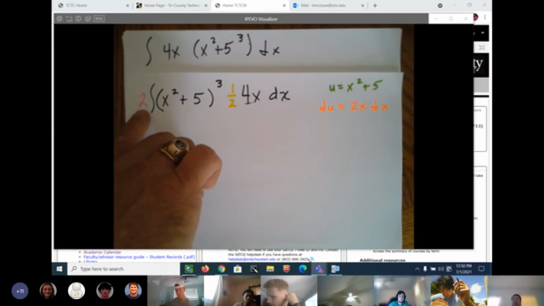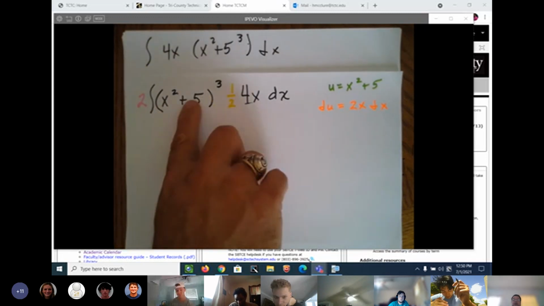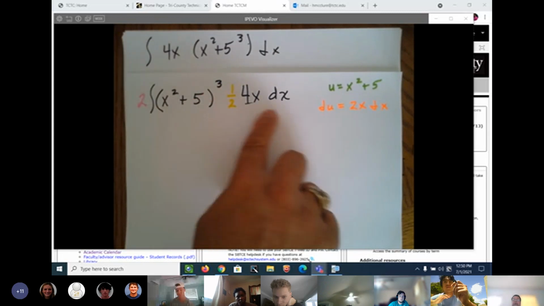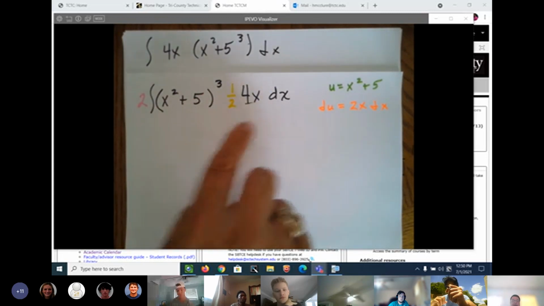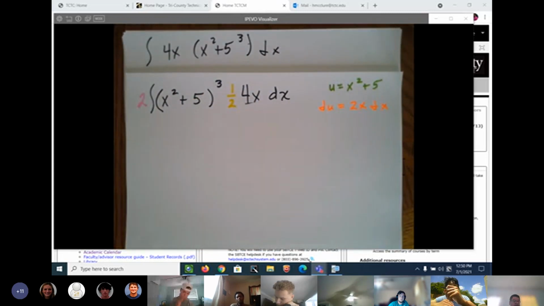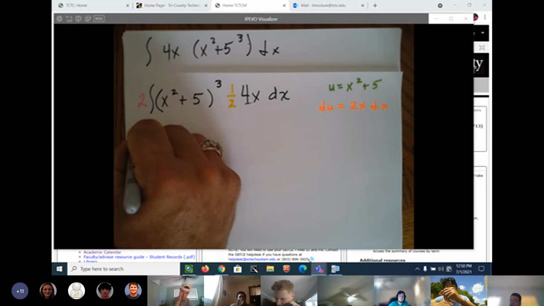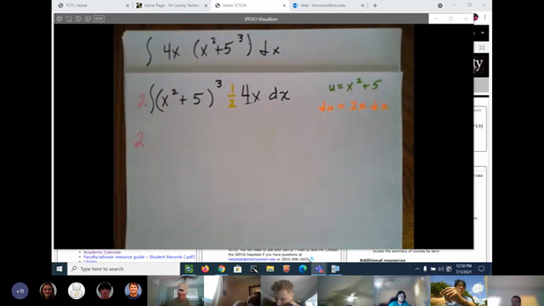Now that reciprocal is going to stay. This is u to the third du. I'm going to rewrite it now, just for those that need it. And I'm going to keep that 2 pink because it has to stay.